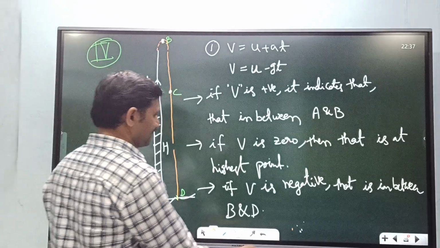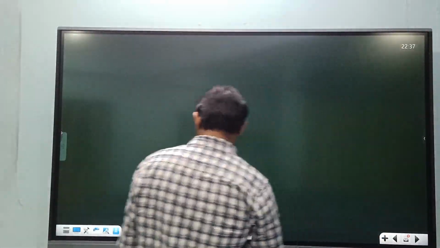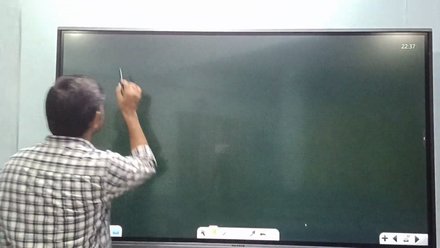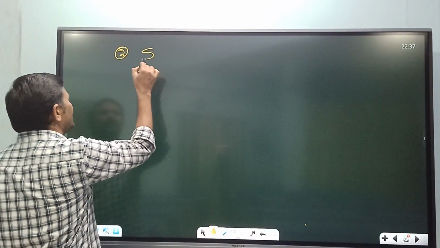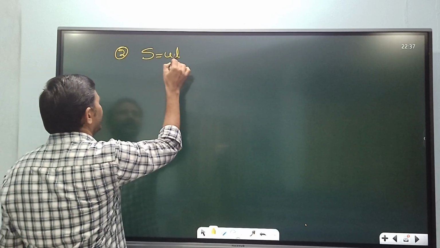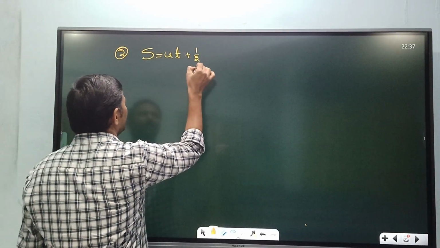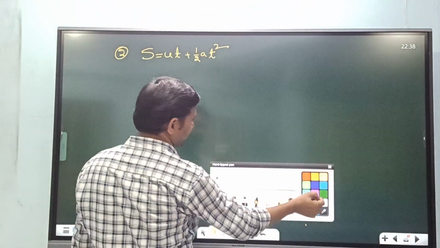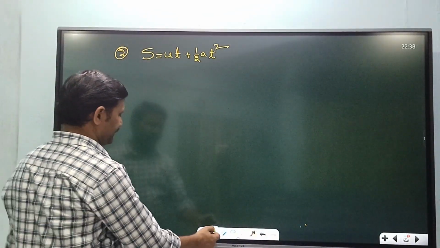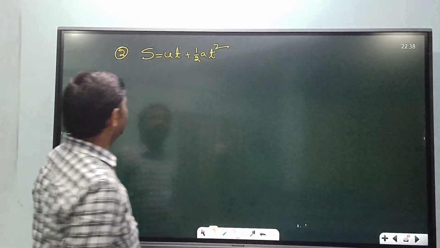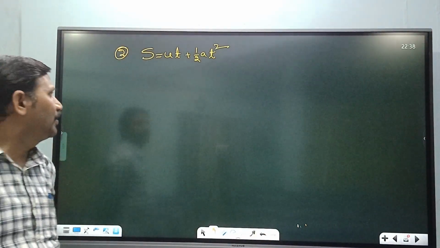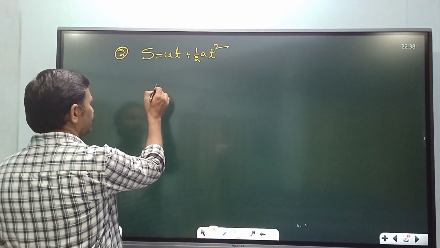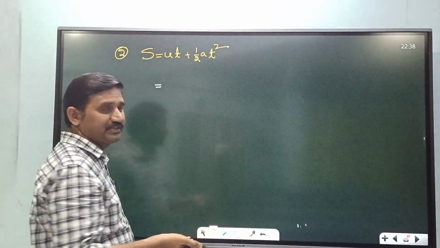Next, second equation of motion. What is our second equation of motion? S is equal to ut plus half at square. Here u is the initial velocity, that is a positive value, because the initial velocity is in the upward direction.